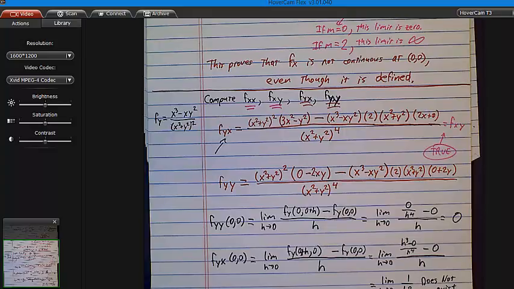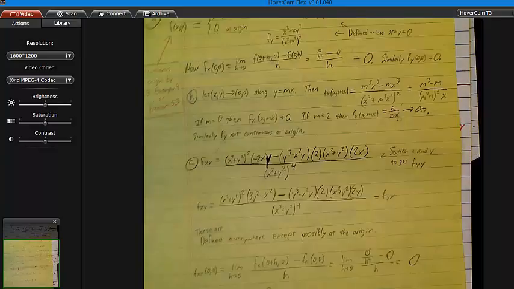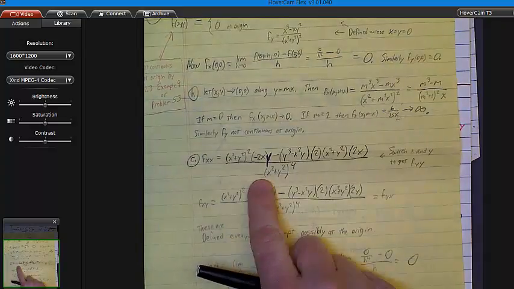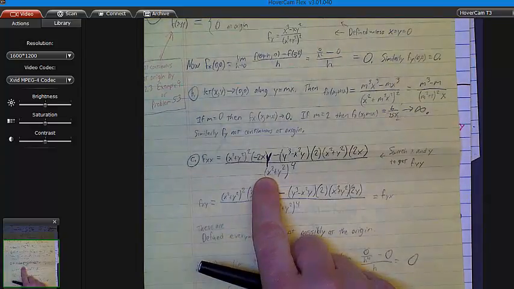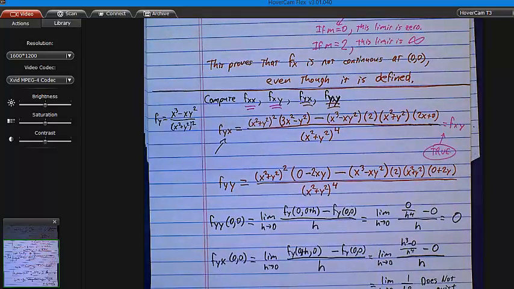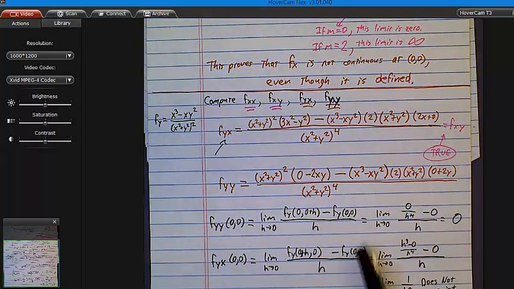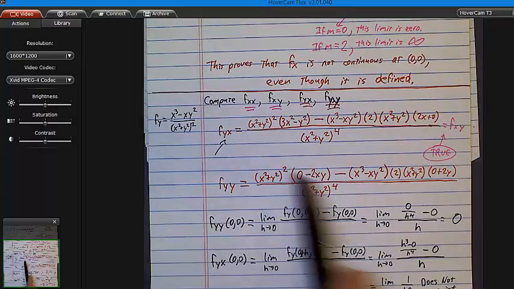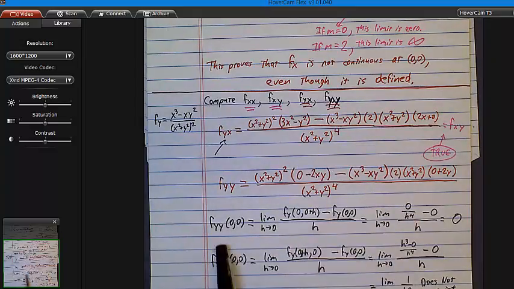And again, those of you that did f_xx, I guess I have it here. Okay, you can kind of check. It's almost the same thing. It's just switch the x's and y's. But for something where the formula doesn't work, you can still sometimes get results by using the actual definition of the derivative. So maybe that's the take-home message here.